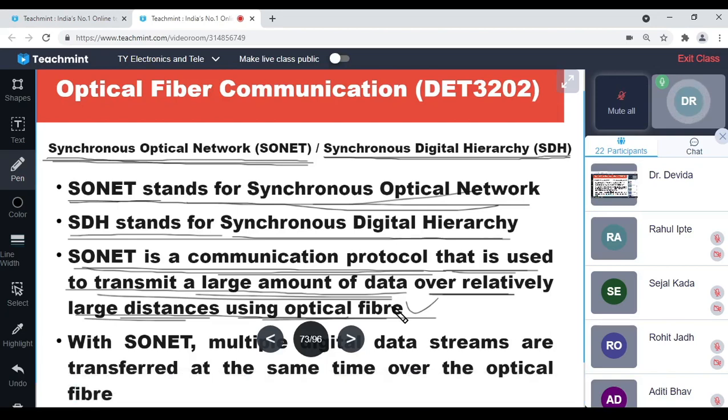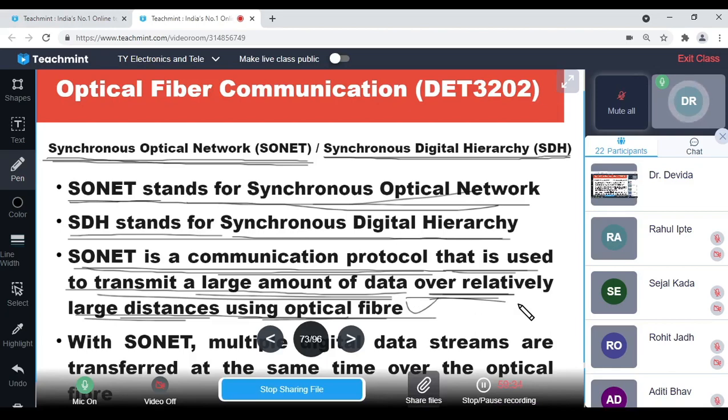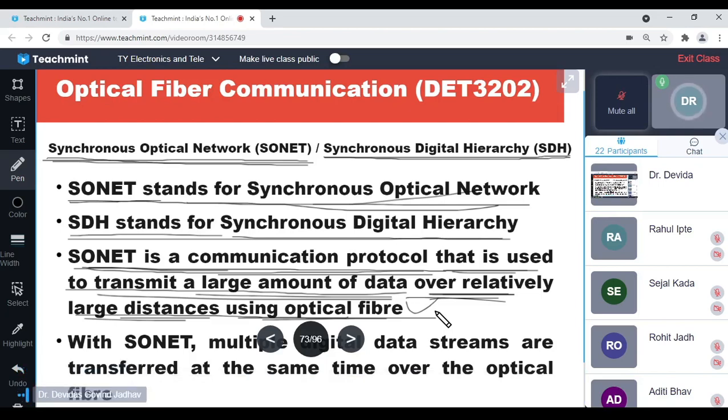The protocols, that is SONET, are for large distance communication. Bandwidth is large, so a large amount of data can be sent over relatively large distances because loss is less.